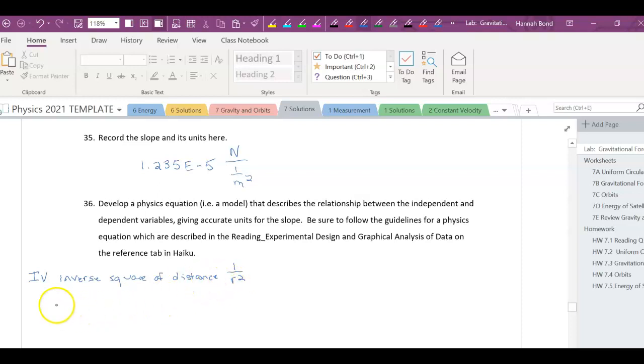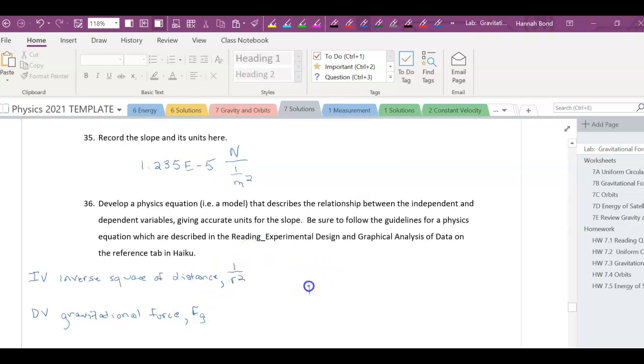I'm using r as the distance. My dependent variable is still the gravitational force. And so I'll just use F with a G subscript to represent that.